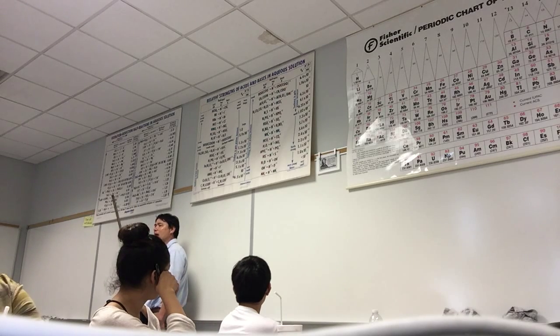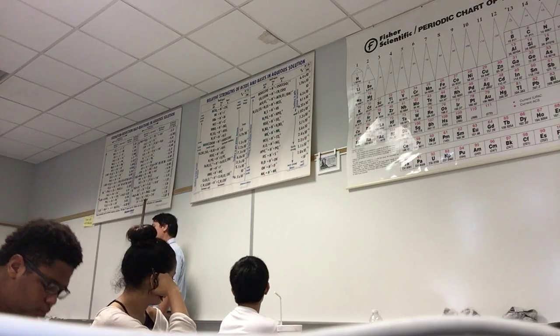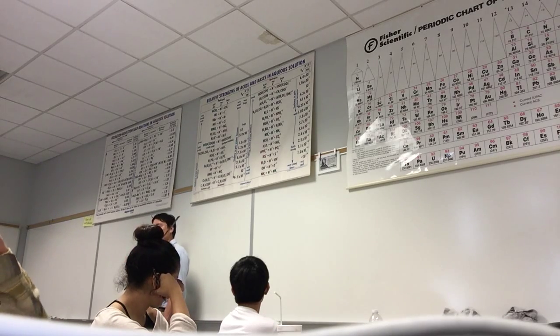And then by knowing the pattern, they can make predictions. Because the people who just memorize this, if something's not on the chart, they can't make any predictions. But the people who can memorize patterns, if they're given something on the test that they've never seen before, they can place it because they know the pattern.